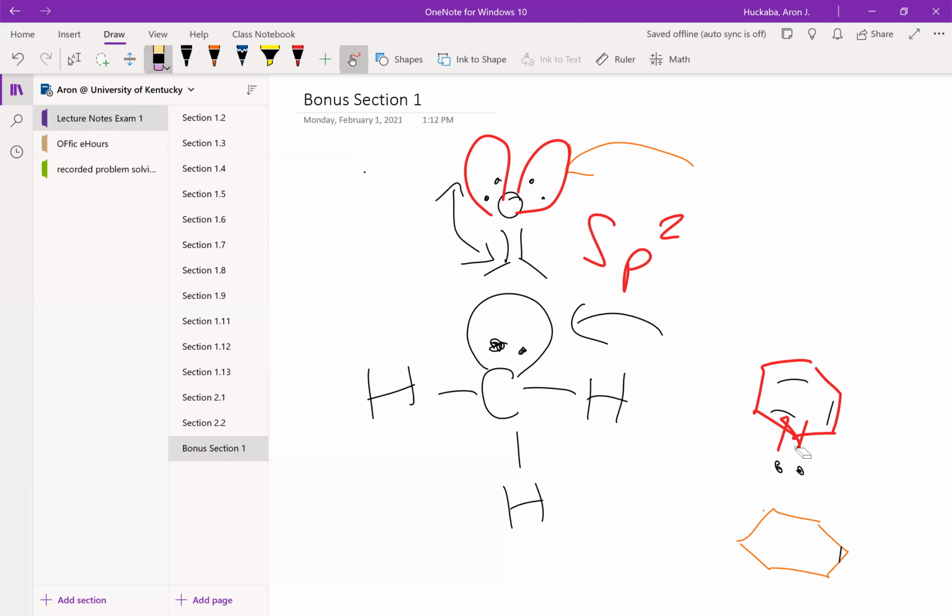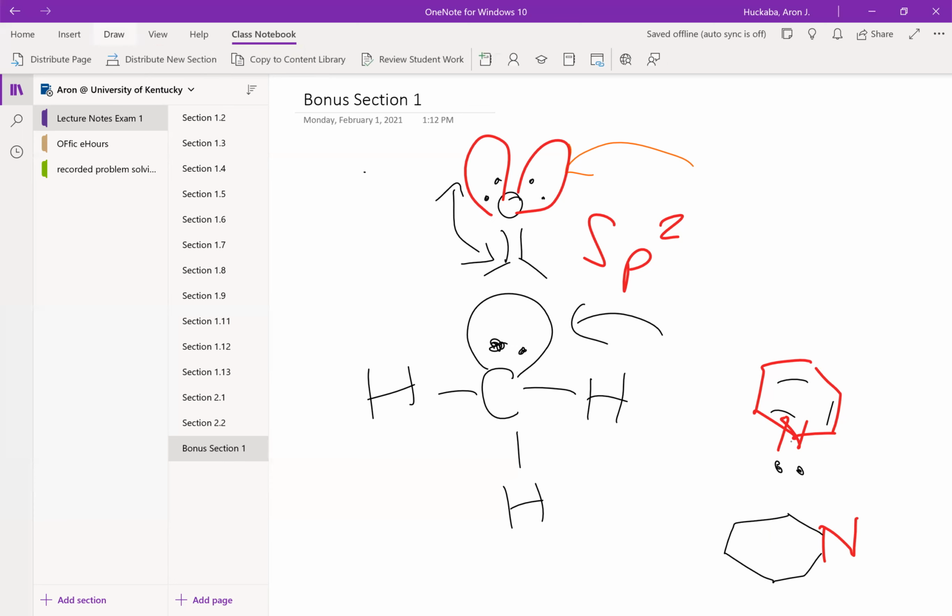Let's draw that a little better. Let's start here with this nitrogen. There we are. And try and draw it kind of on the side. There we go.